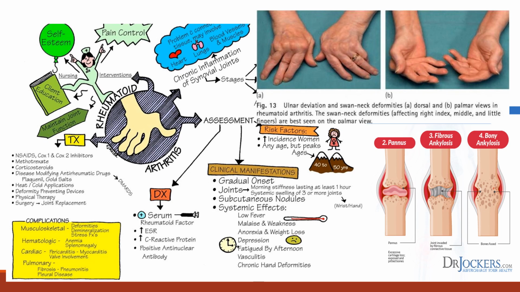Here you can see what it looks like when we have an excessive amount of cartilage loss, and this is what happens when we run out of synovial fluid. Okay, let's move on. Sorry, guys.